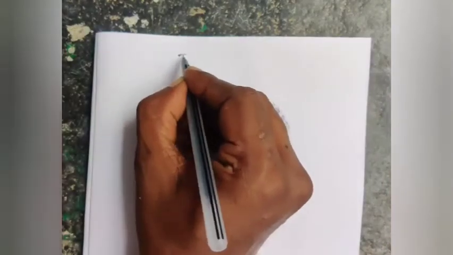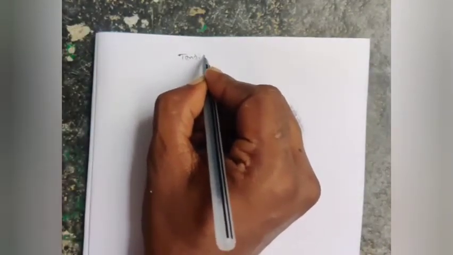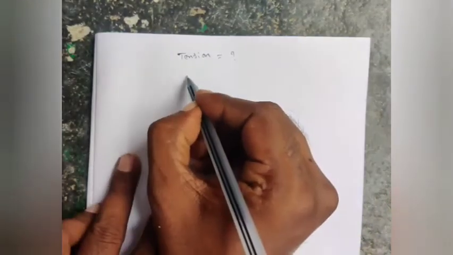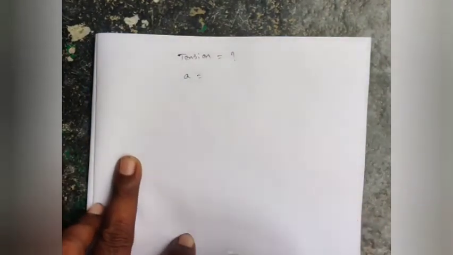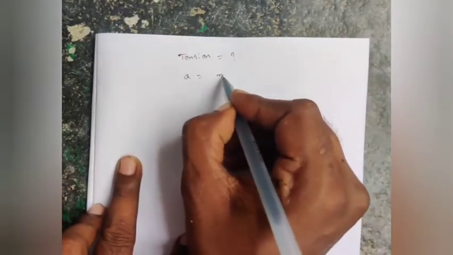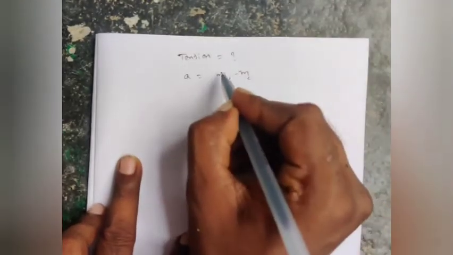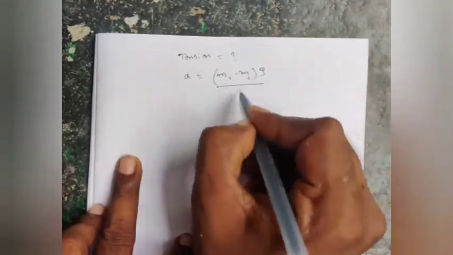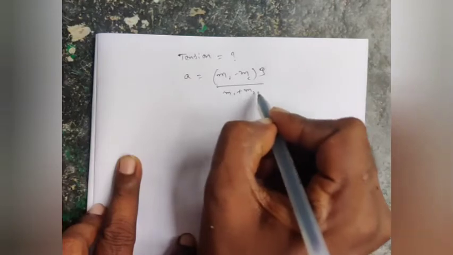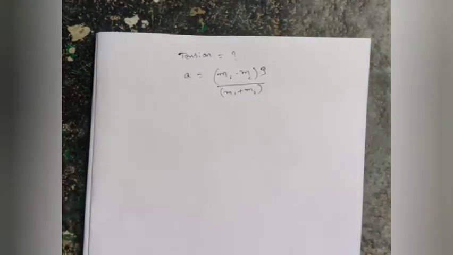Now we have to calculate the tension. For calculating the tension, we already got the acceleration, a equal to (m1 minus m2) into g by (m1 plus m2).